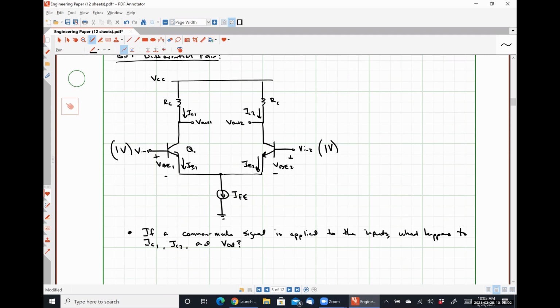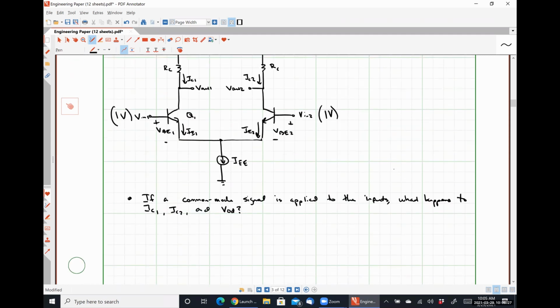So IC1 has to be exactly equal to IC2, and IE1 and IE2 are identical too, because if the collector currents are the same, then the emitter currents are the same, and IE1 and IE2 have to add together to be IEE.